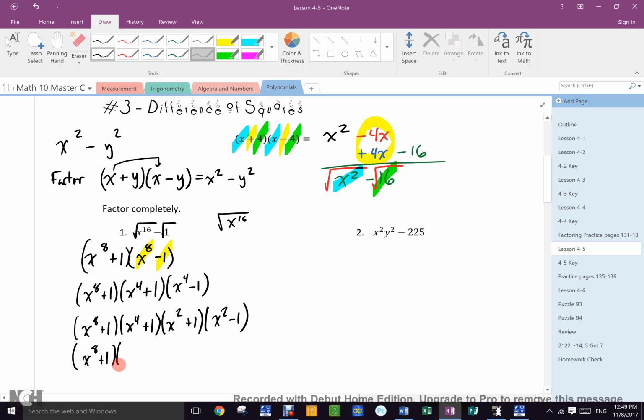Yeah, I love this. Square root of x squared, guys. X. Square root of 1? 1. And then what do I write? Same thing with a minus. Am I done? I think so. Yes. I hope so.